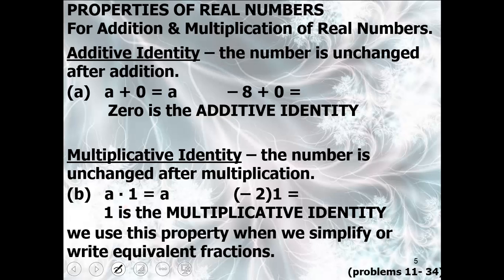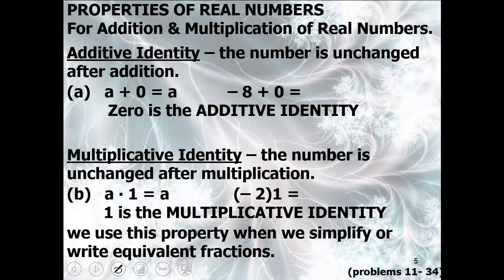All right. Okay, our next set of properties are the identity properties. And the first one is the additive identity property. Can you think of one number that when you add it to any other number in the whole universe, it doesn't change the number that you've added it to? It's 0.